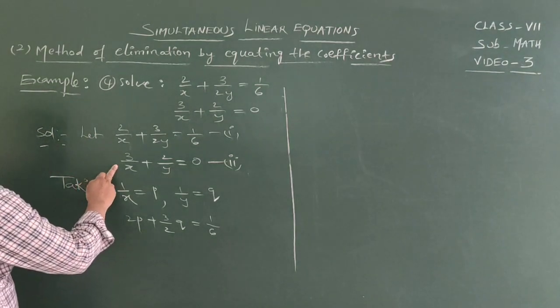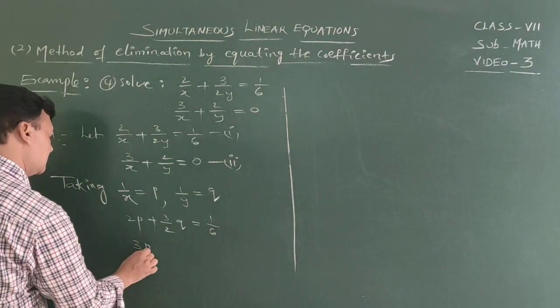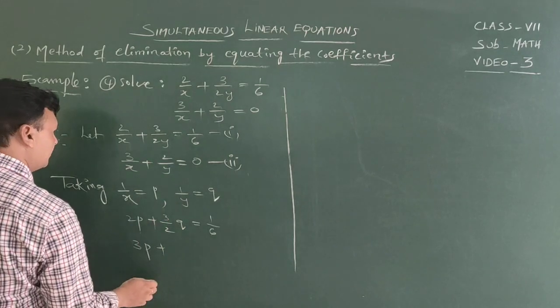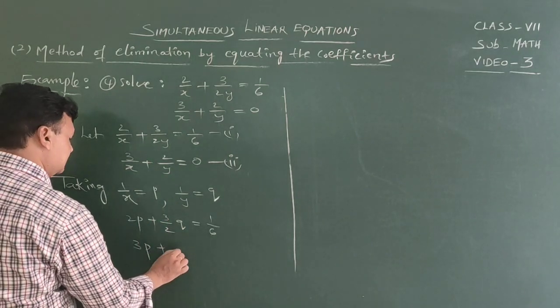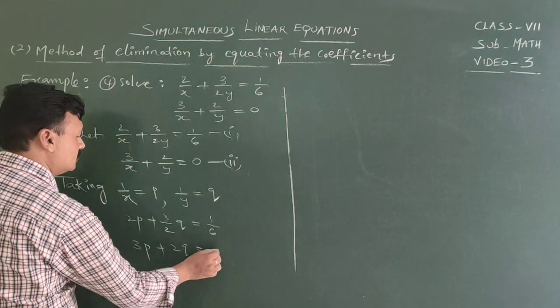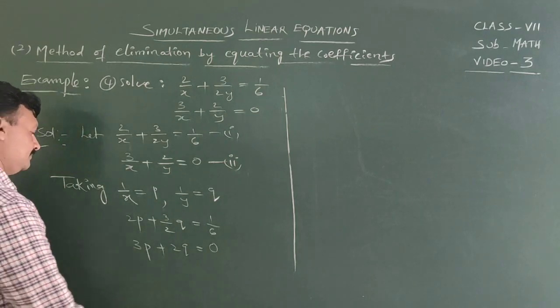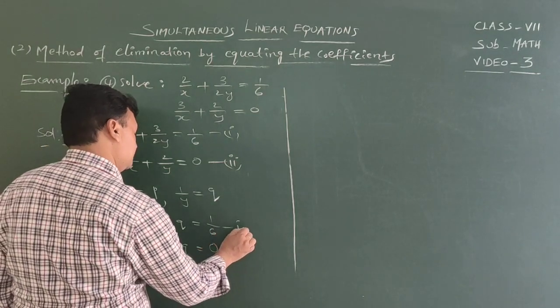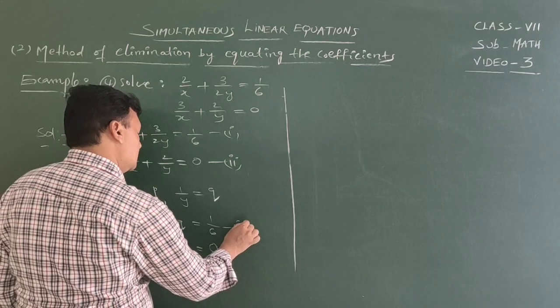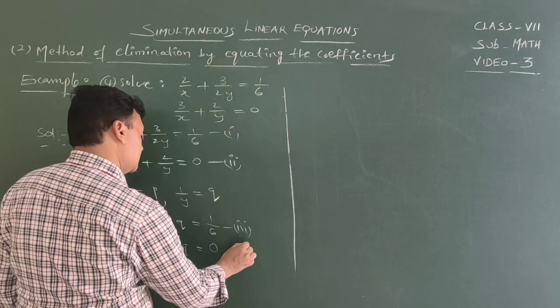Next, 3 into 1 by x, 3p, plus 2 into 1 by y, 2q, equal to 0. Third and fourth equations.